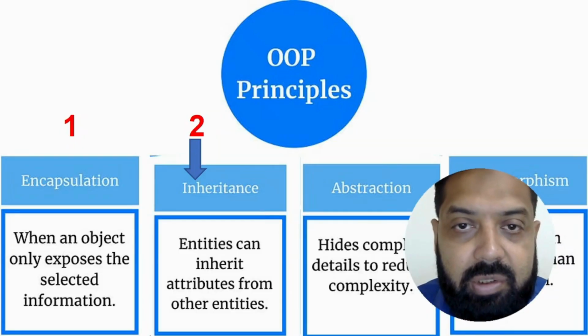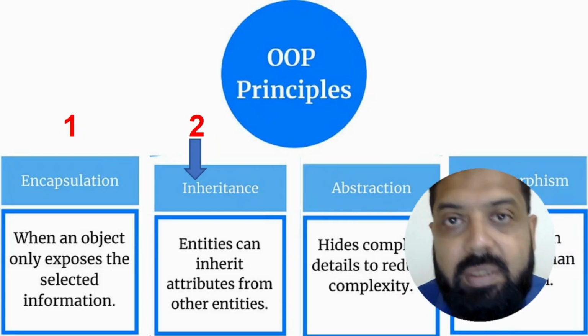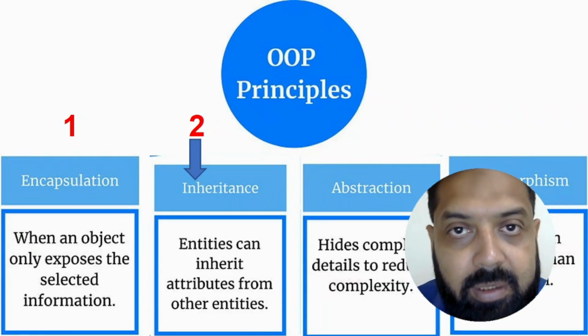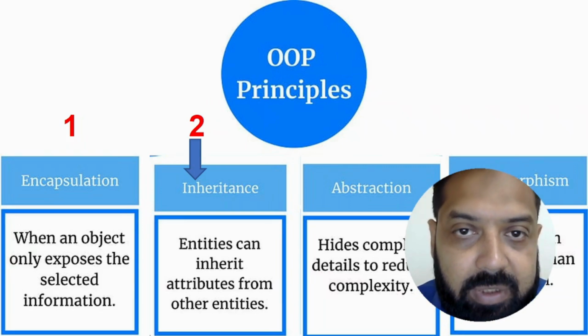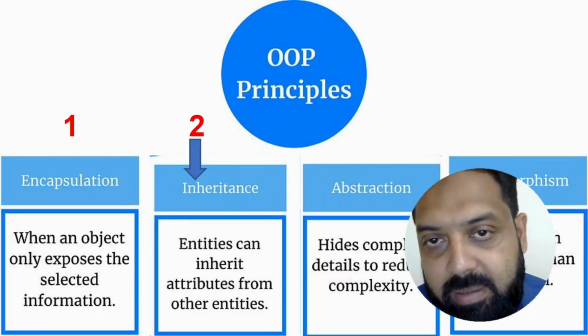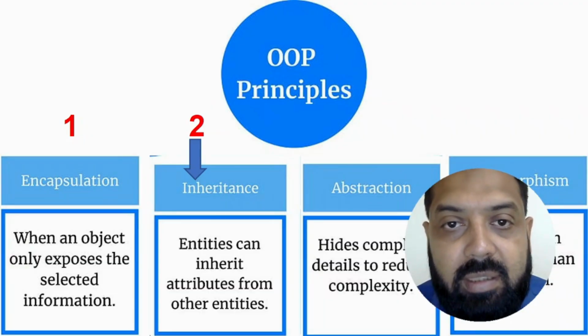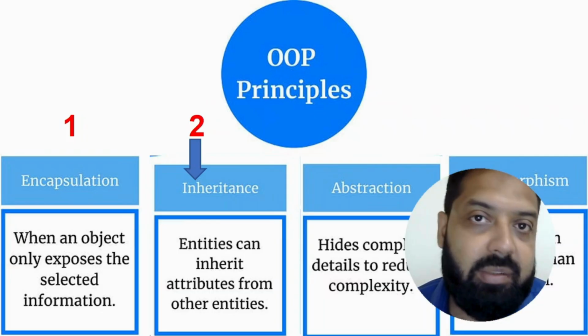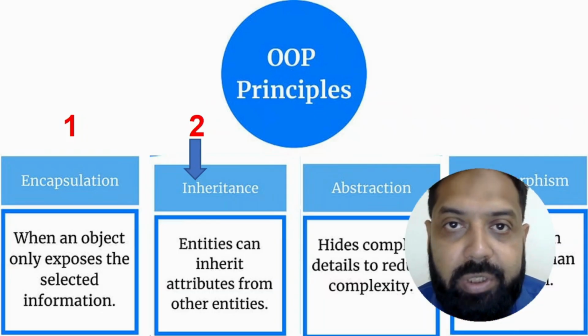In the previous lecture we already saw the concept of our second pillar of object oriented programming, that is inheritance. Inheritance is basically a kind of relationship in which we create different parent and child classes. In the last class we saw that with the help of inheritance our basic objective is to achieve code reusability.